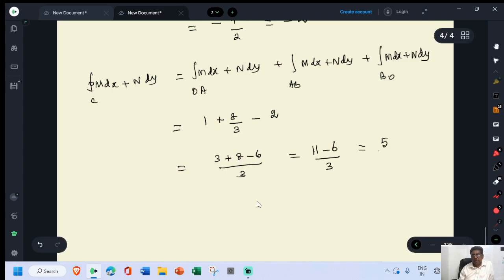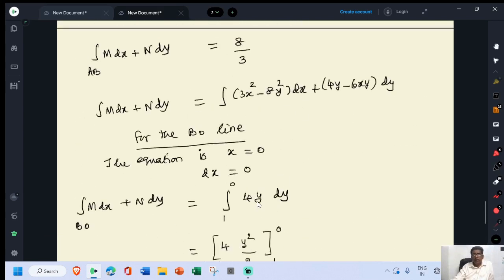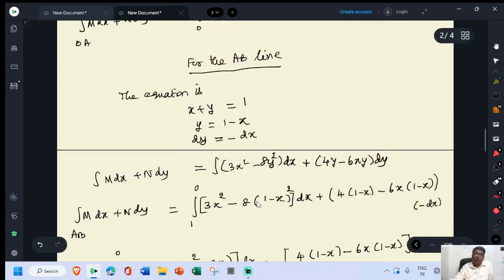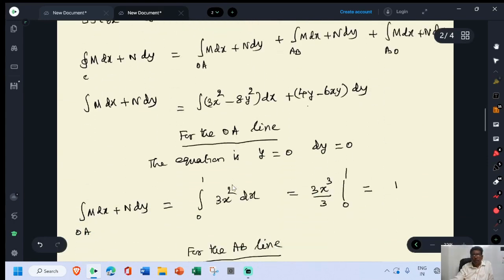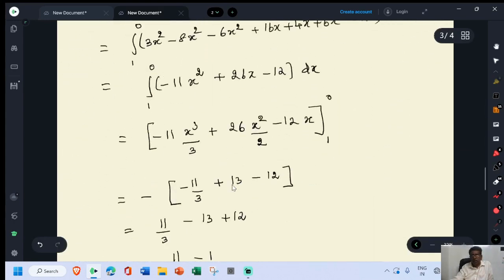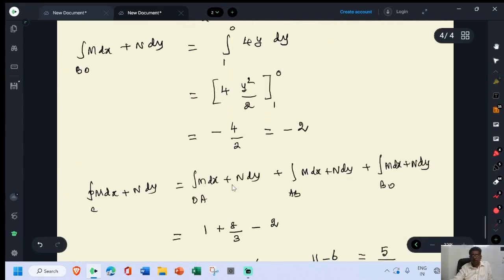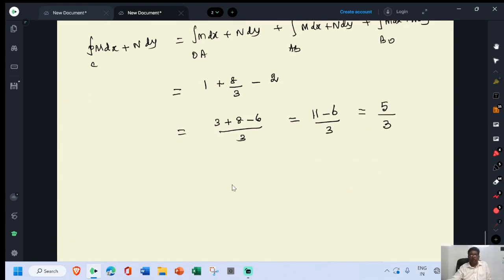This is 5 by 3. On the right hand side, we have the value 5 by 3. On the left hand side also, we have the value 5 by 3. Hence, Green's theorem is verified for the given integral.